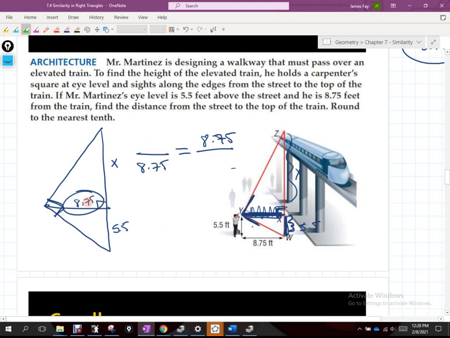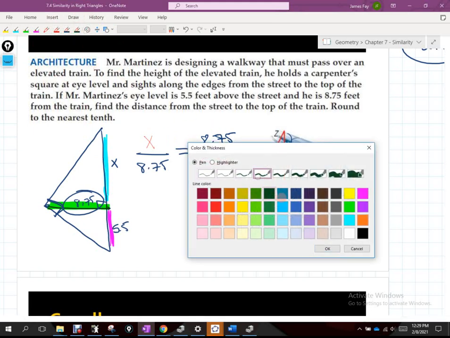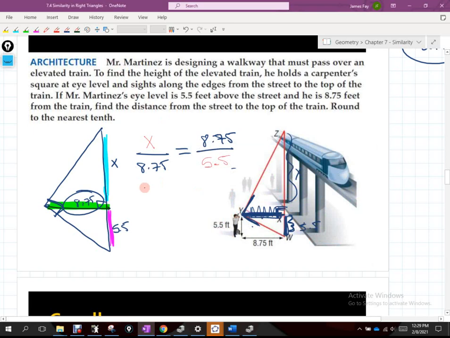Well, it should be that purple part and this blue part, right? So x and 5.5. So now when I cross multiply, in this case, because I'm not getting an x squared, 5.5x, you can write it this way, 8.75 squared. What would I do to solve for x now?